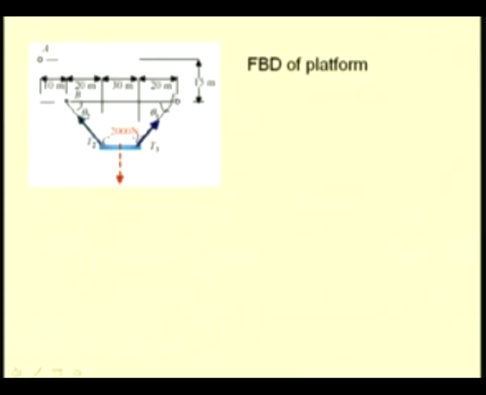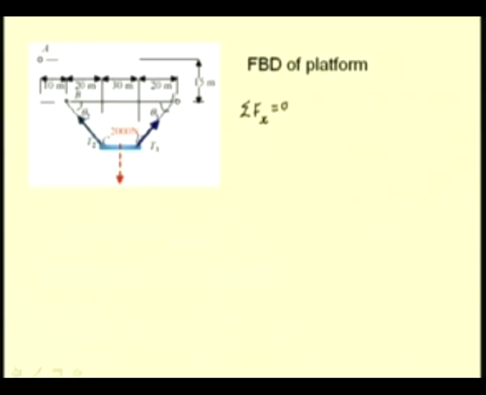From this free body diagram, for the equilibrium we can write 3 equations, 2 force summation and 1 moment equation. Let us first write the force summation, that is sigma Fx has to be 0.